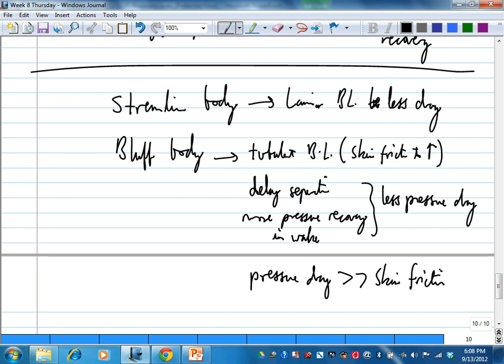So you compromise. With the turbulent boundary layer, yes, the skin friction drag will increase. But you delay separation and you get more pressure recovery, so you have less pressure drag. And that pressure drag is many times bigger than your skin friction drag. So it's worth the compromise.